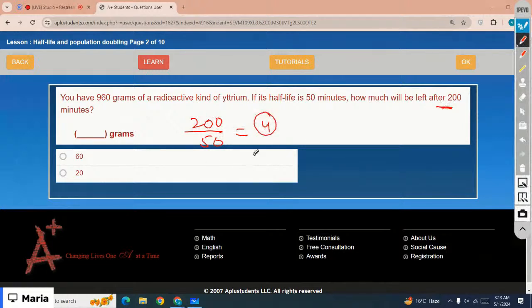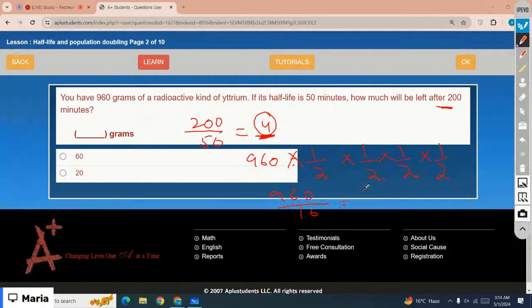So you have to halve 4 times. The first time, you divide it by 2, 1 over 2 is the first half, right? 1 over 2 the second time, 1 over 2 the third time, and 1 over 2 the fourth time, because it would be halved 4 times. So 960 divided by 2, then 2 times 2 is 4, 4 times 2 is 8, and 8 times 2 is 16.